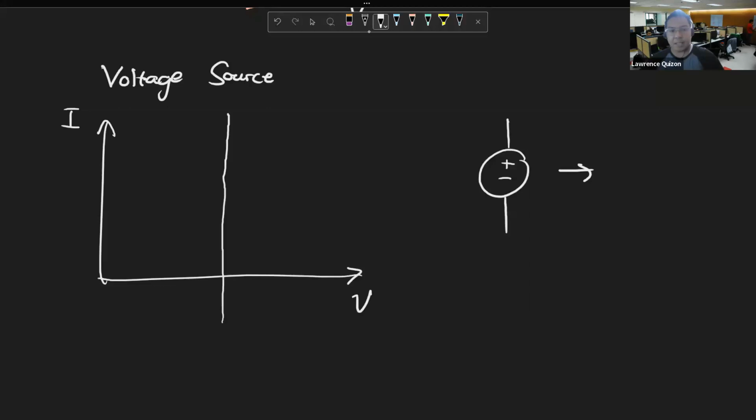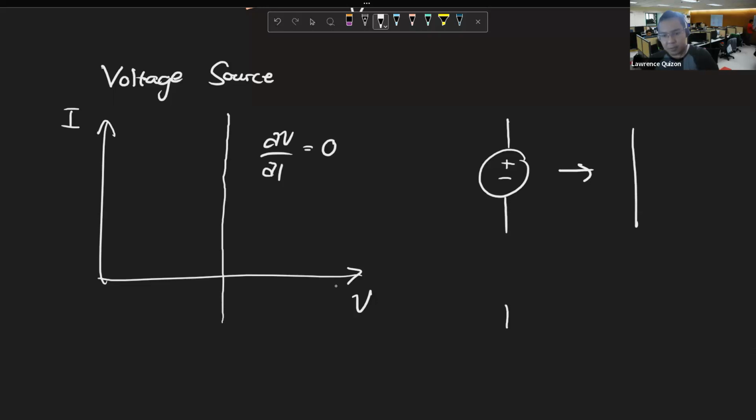There's only one possible voltage, regardless of the current passing through it. So it's still a linear device. This is a line. But the derivative of voltage versus current is 0. So it actually turns into a short circuit in small signal.